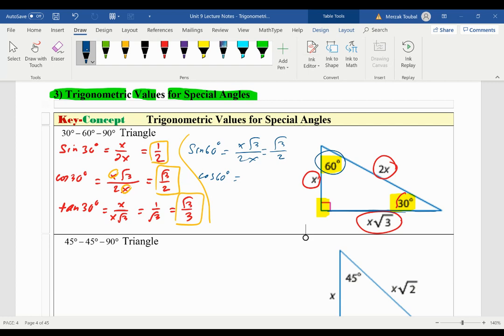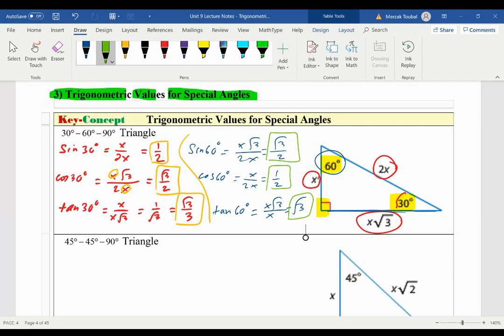Cosine is the adjacent over the hypotenuse, which would be x over 2x, which is simply 1/2. And the last one is tangent of 60 degrees, which is the opposite over adjacent, so x root 3 over x, which is simply root 3. So: root 3 over 2, 1/2, and root 3.